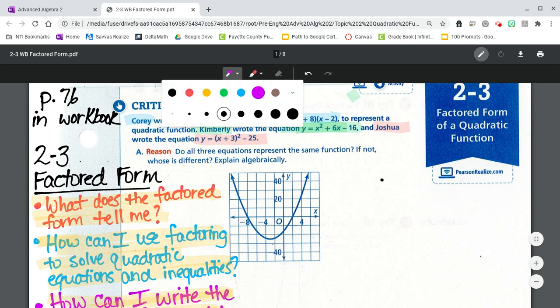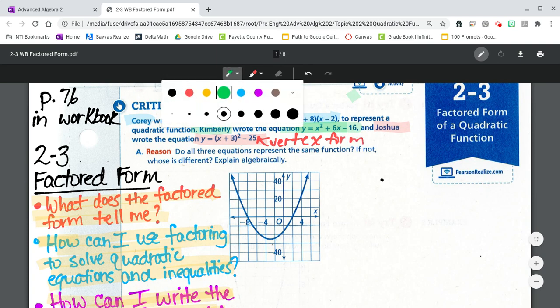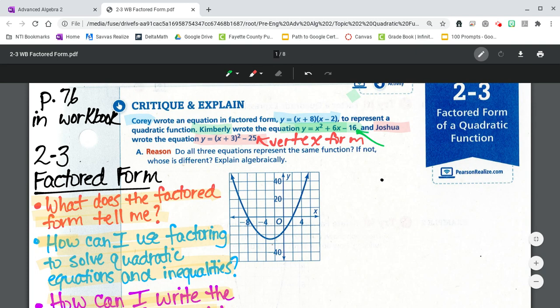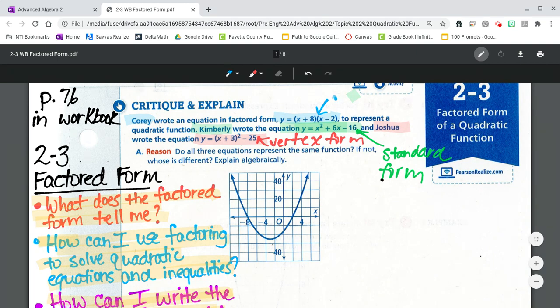Now, you are probably recognizing Joshua's form as the vertex form. And then you might also recognize Kimberly's form as the standard form. Well, what you see with Corey is the factored form.